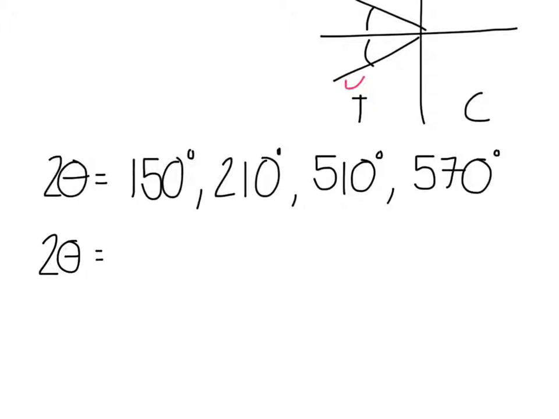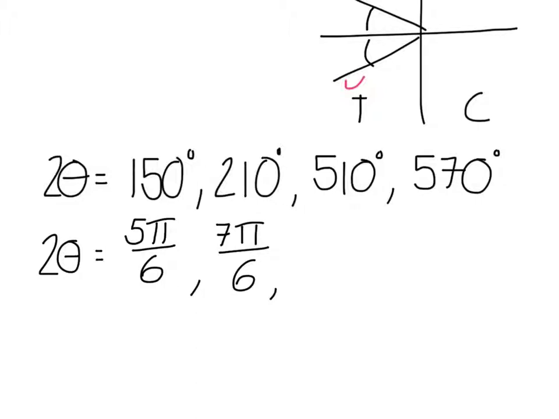Pi is 180 degrees. So if we divide that by 6, then pi over 6 is 30 degrees. And that means 150 degrees is 5 times that. So 150 degrees is 5 pi over 6. For 210 degrees, that's 7 times 30 degrees, which is 7 pi over 6.